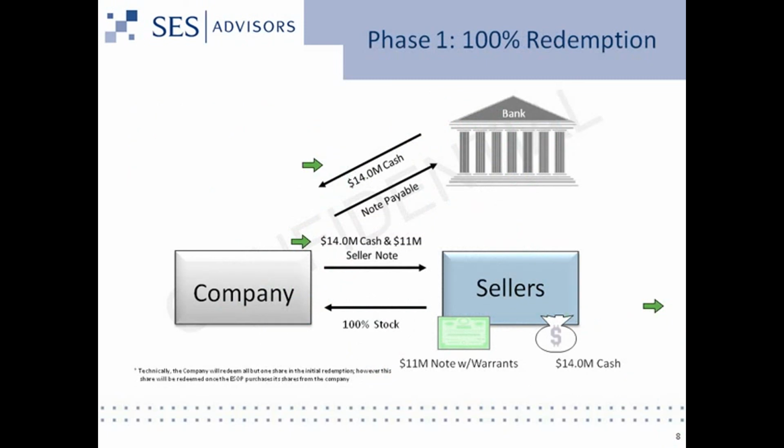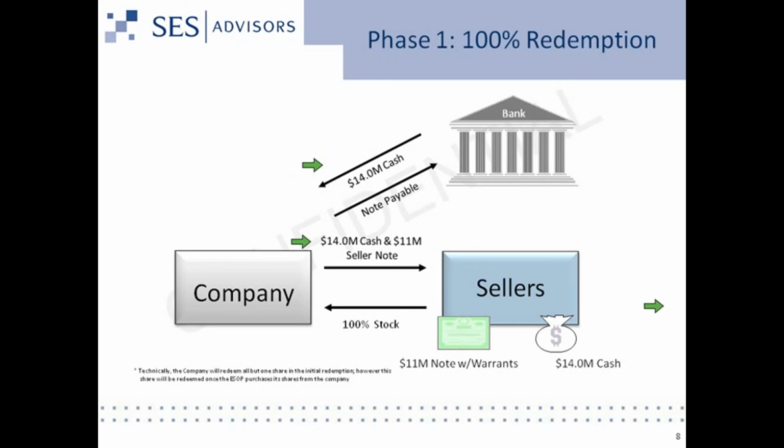The company would sort of cease to exist, even if only for an instant. So in order to keep the company in existence, we leave one share outstanding, and the company will have the right to redeem that share after the ESOP transaction for a nominal amount. But there'll never be a time when there aren't actually any shares outstanding.